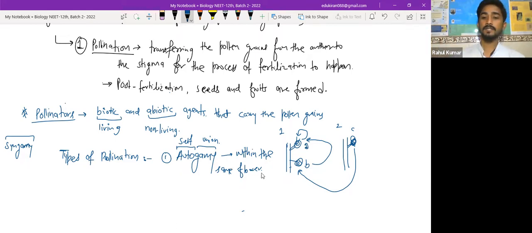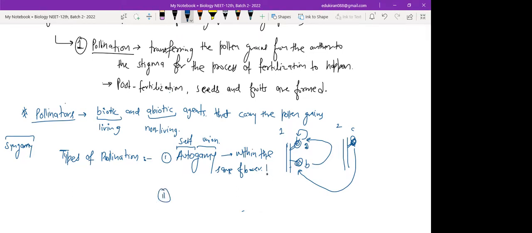So it's within the same flower. Is it clear? Yes, sir.